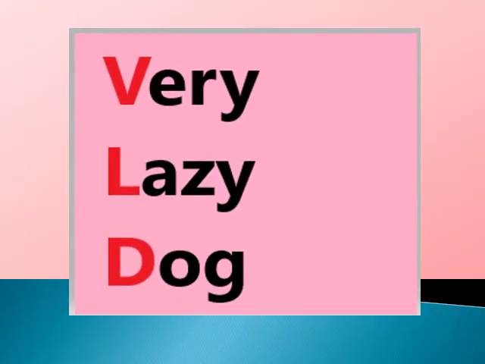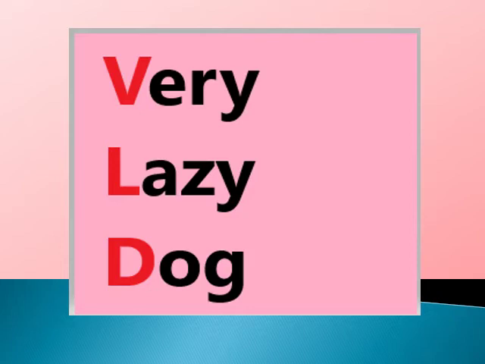Look at this sentence, children. Look at the acronym which has been made to make your work easy so that you can remember which are the Roman numerals that should never be repeated. Look at this acronym VLD and the sentence which goes along. VLD stands for a very beautiful acronym which states very lazy dog.